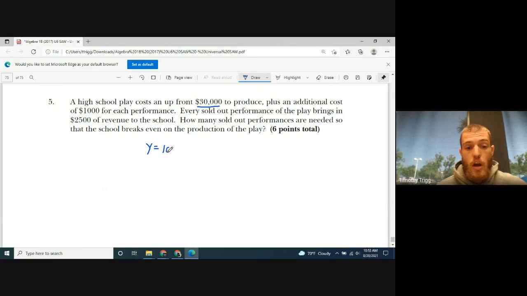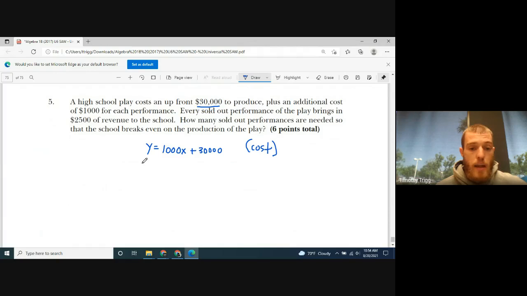So it's $1,000 times the number of performances plus another upfront cost of $30,000. Okay, so this is the cost equation. The total cost is $1,000 times the number of performances plus another $30,000 upfront.